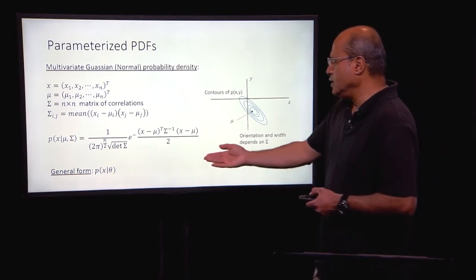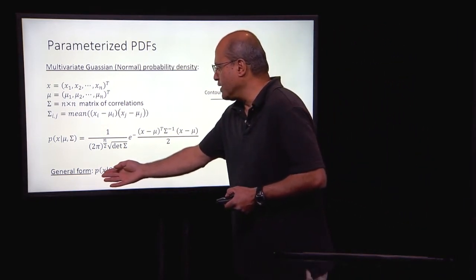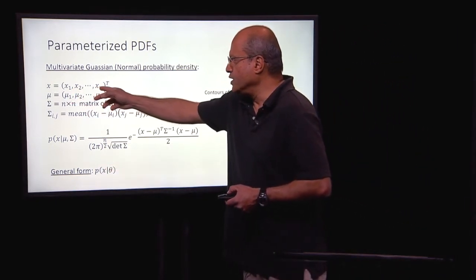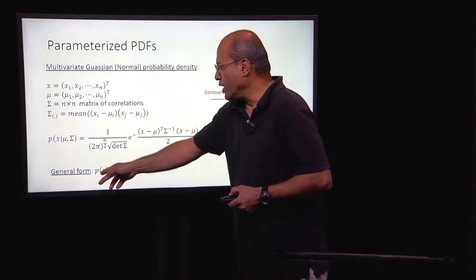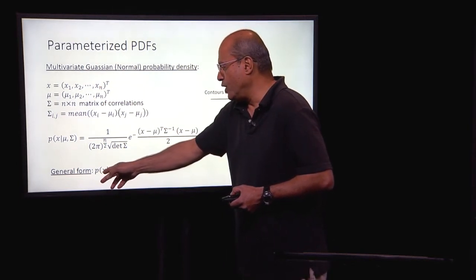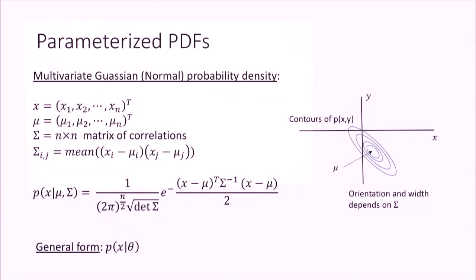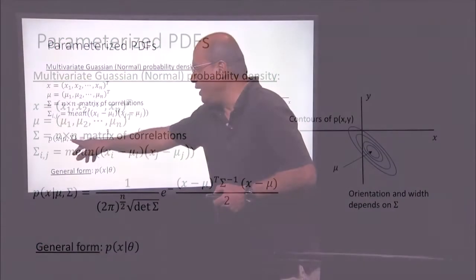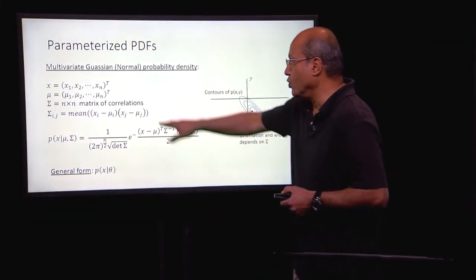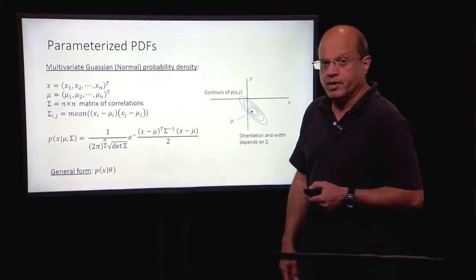And of course, in the more general form, if you have x as a vector of n scalar variables, we can write the parametric form as before as probability of x given the value of the parameters theta. So theta in the multivariate Gaussian case is simply the vector of means mu and the n by n covariance matrix or correlation matrix sigma.